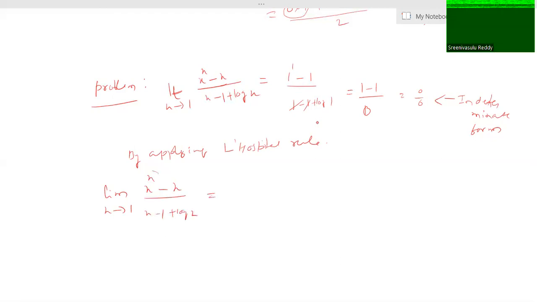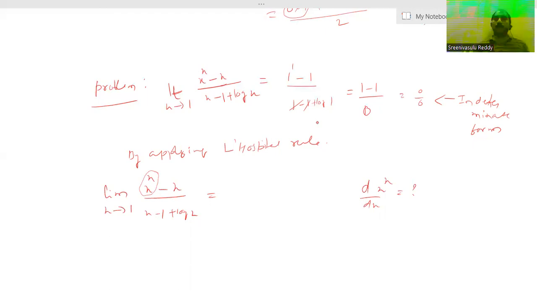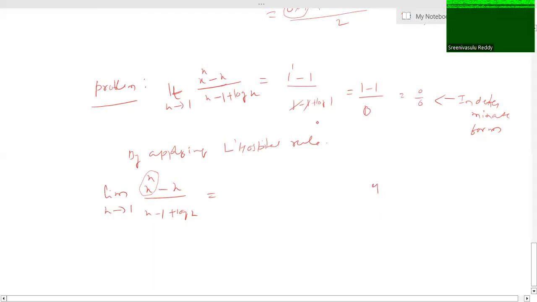What about derivative of x power x? Numerator derivative means x power x derivative minus x derivative. X derivative is 1. No problem. dx by dx equal to 1. So what about derivative of x power x? Whenever required the derivative of exponential functions, you always remember, take a function equal to y.